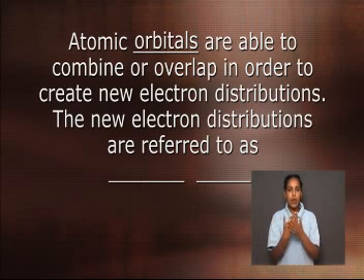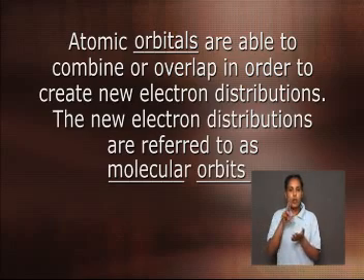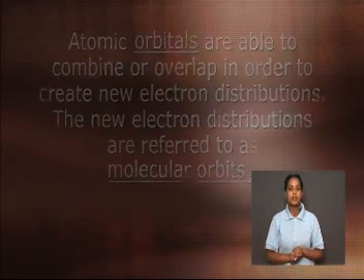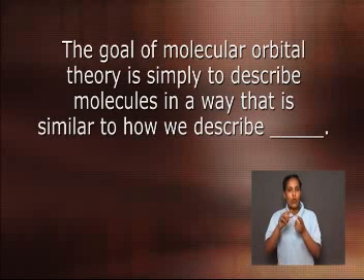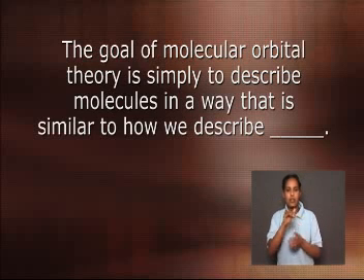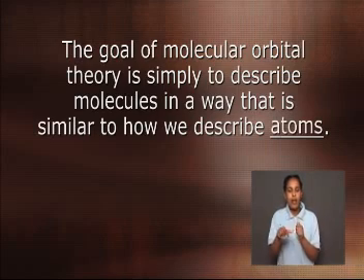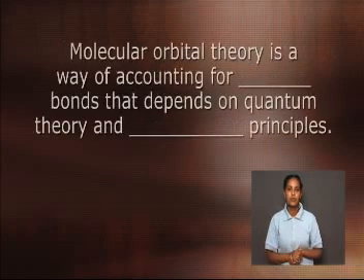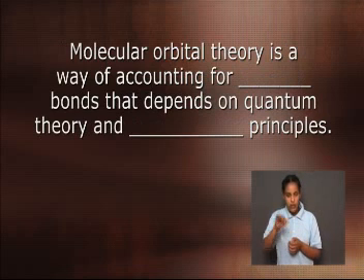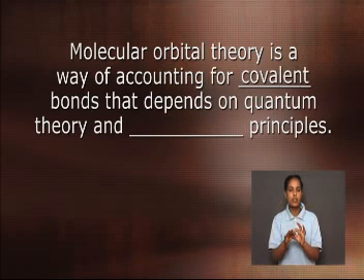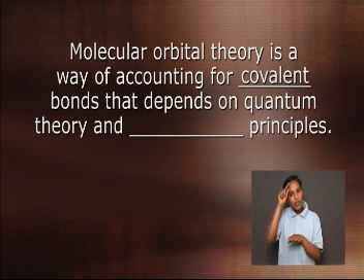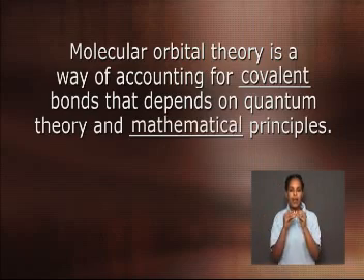The new electron distributions are referred to as molecular orbitals. The goal of molecular orbital theory is simply to describe molecules in a way that is similar to how we describe atoms. Molecular orbital theory is a way of accounting for covalent bonds that depends on quantum theory and mathematical principles.